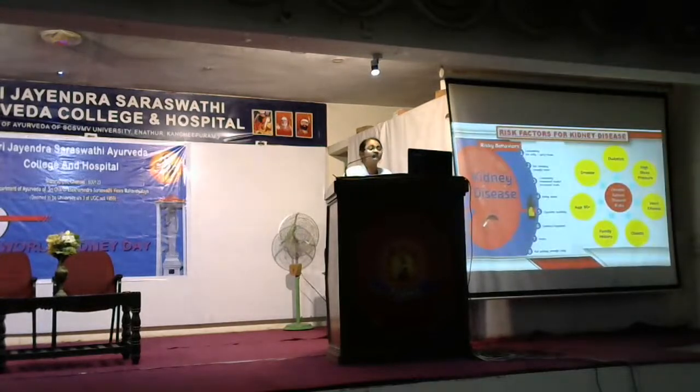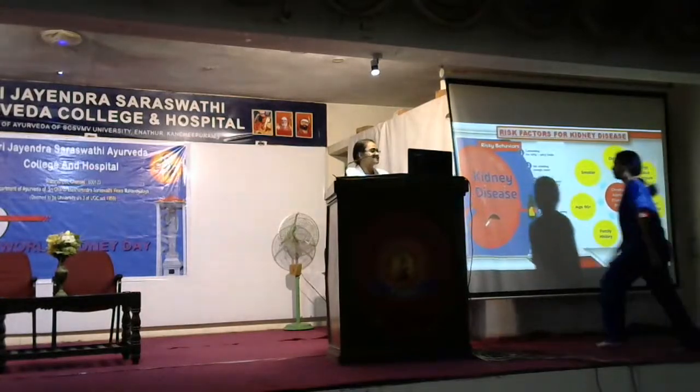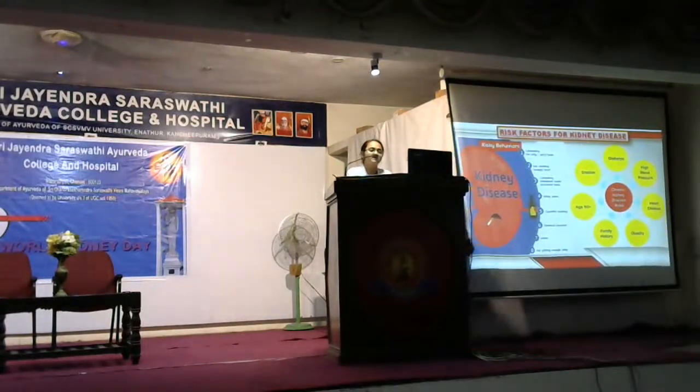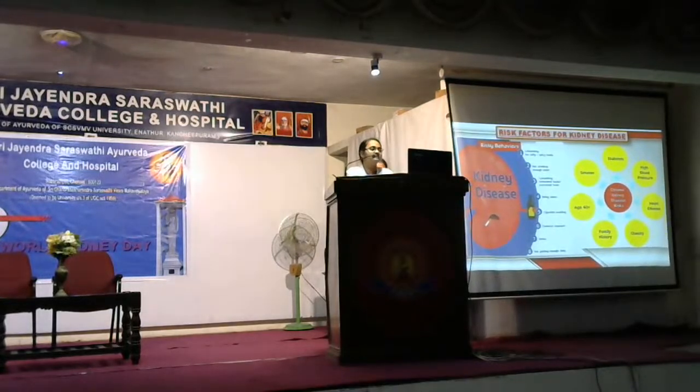So the risk factors for kidney diseases will be previous systemic illnesses like diabetes, high blood pressure, heart disease, obesity, family history, and also certain risky behaviors like consuming too much salt and not drinking enough water. Likewise, social and lifestyle problems will also lead to kidney diseases.